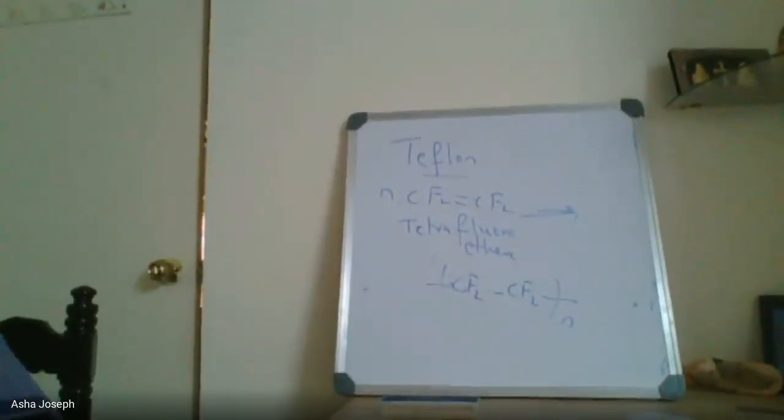Okay. So this I told you, the catalyst is persulfate catalyst. You can remember it like that also because there are too many catalysts. In the case of low density polythene, the catalyst is peroxide.